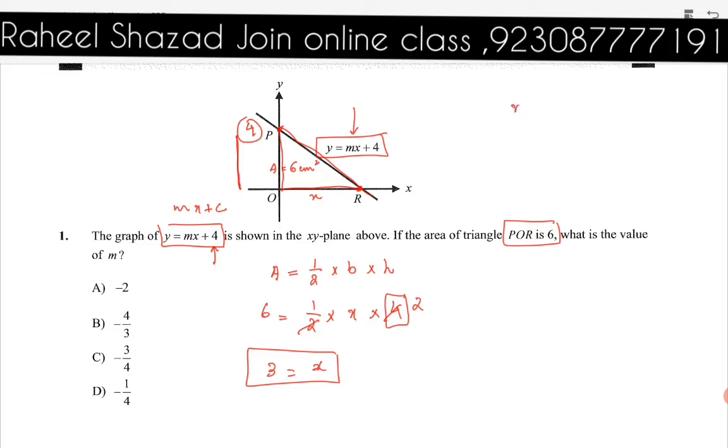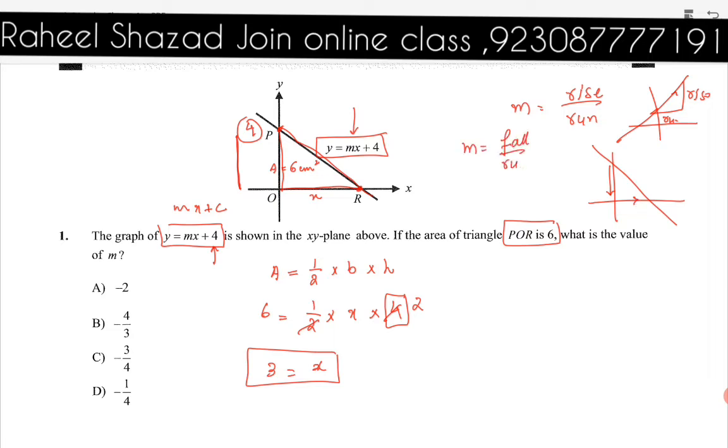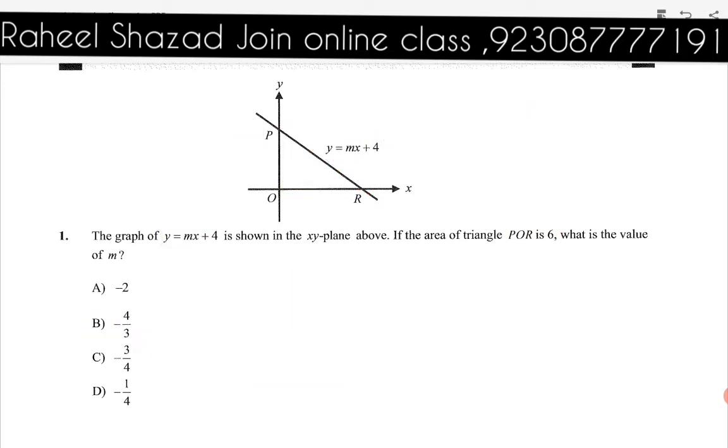Generally gradient is considered as rise over run. But for cases when the line is going this way, it's always fall over run. So here the line is coming 4 units down and 3 units right. So the slope has to be 4 divided by 3. So 4 by 3 is my option B here. I hope you got it.